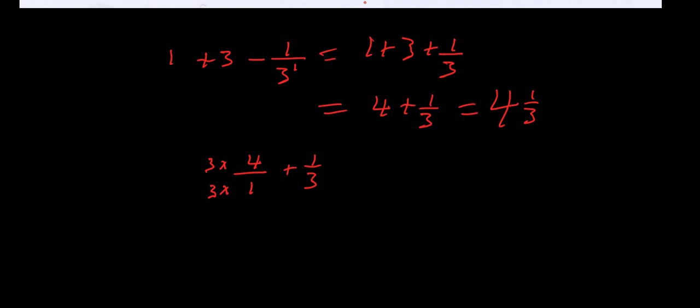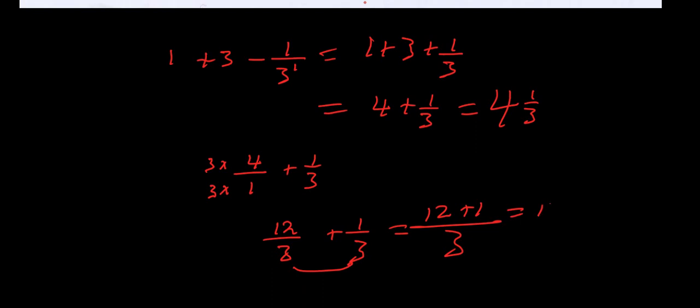So 3 times 4 is 12, so we have 12 over 3 times 1 is 3, plus 1 over 3. Now write this as a single denominator. So this will be 12 plus 1, which is 13 over 3. How many times can 3 go into 13? 4 times, remainder 1. So 4 whole number 1 over 3.